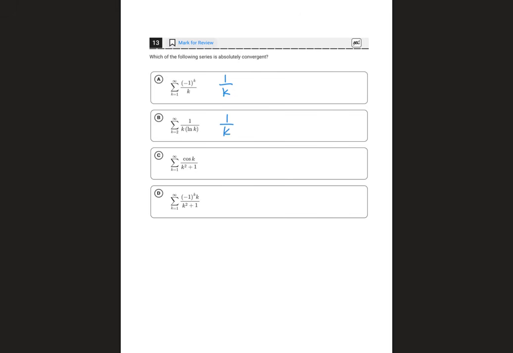Since the series from k equals 2 to infinity of 1 over k diverges, it's a p series where p equals 1, then when you divide by a number bigger than 1, which it will be for values of k bigger than 2, this one's not so obvious, at least to me.